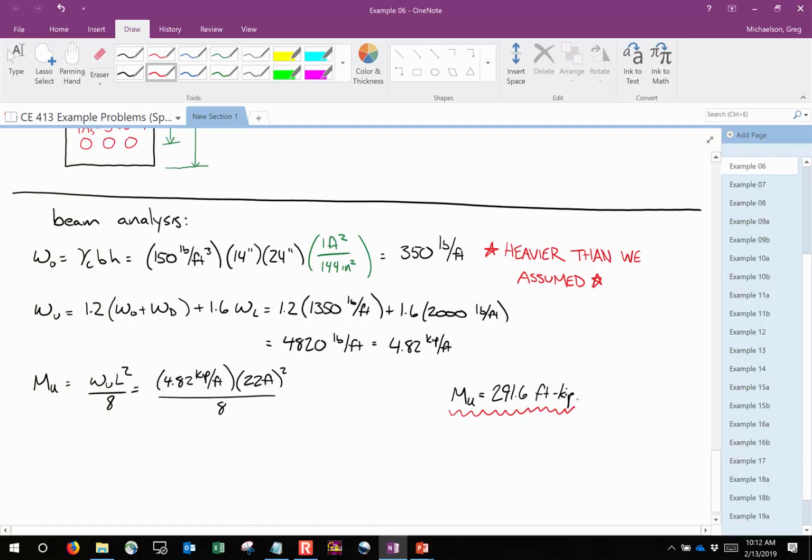So keep in mind, while our beam self-weight drastically changed, really the Mu didn't change a lot. It changed a little. But the point I'm making is that those assumptions we made for the beam, the L over 16 and the b over 2, are pretty reasonable assumptions to get you most of the way there.